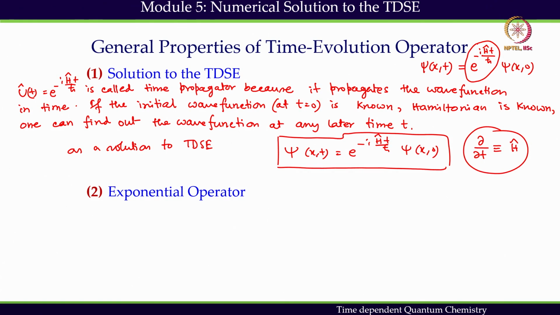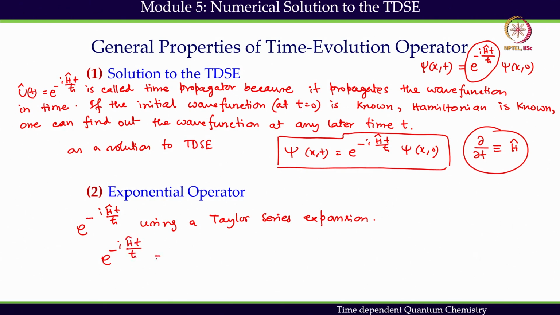This is an exponential operator, and because it's an exponential operator, it has to be expressed using a Taylor series expansion, which we have used already in module 4, but here we are just mentioning it to collect all the general properties. So how do I express this exponential operator?